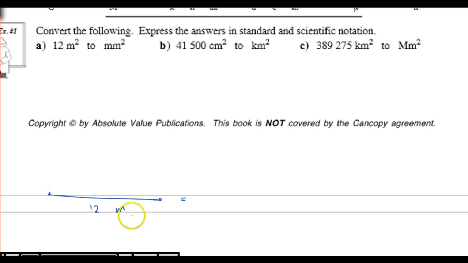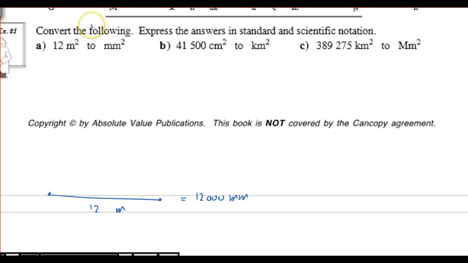And if you don't know that conversion, you can go to centimeters, and then from centimeters to meters.